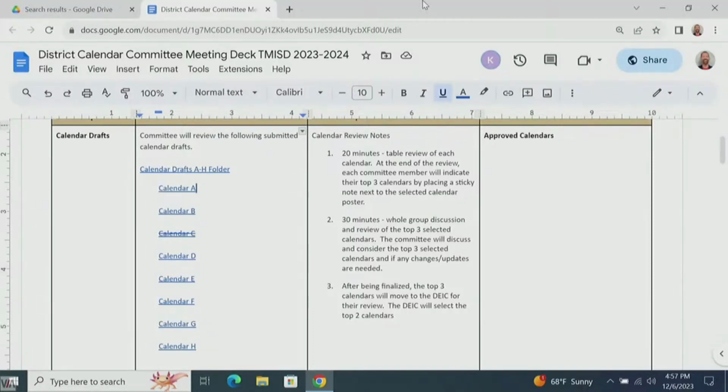C has 3 weeks between February and March intersession.